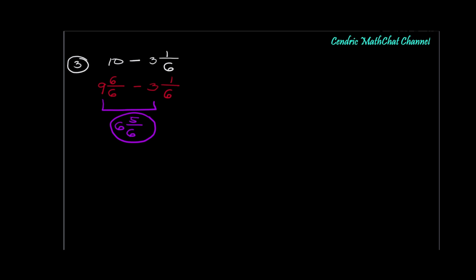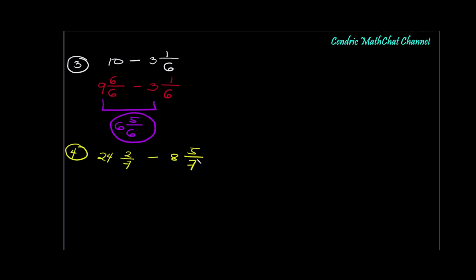Next example, let's have this, our example number 4. 24 and 2/7 minus 8 and 5/7.